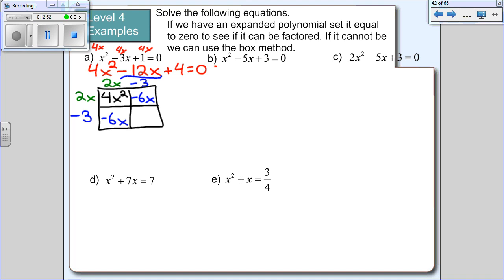Now that you've done everything in your box, you can determine what the last term should be. Negative 3 times negative 3 should be positive 9. And you have to ask yourself, how can I get from positive 4 to positive 9? I need to add 5 to both sides.